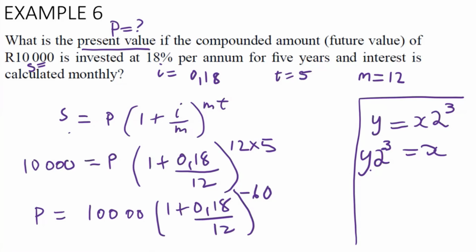When we move this exponent to the left-hand side, it becomes a negative exponent, so you are going to have multiplied by 2 to the power negative 3. That's a concept that I've used here. We are not using logs, it's just simple exponential manipulation. So your P here is equal to 4,092,96.